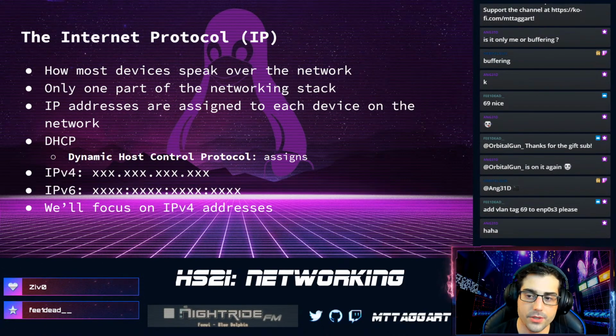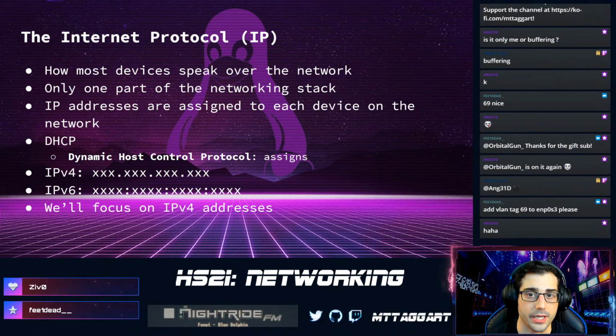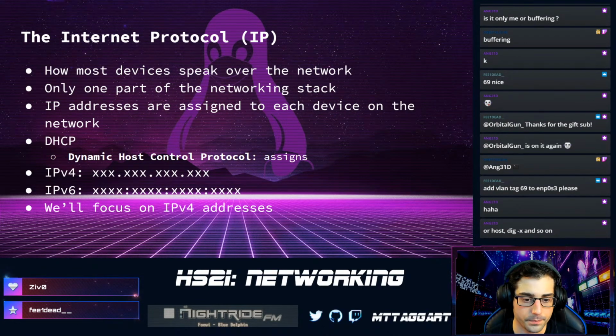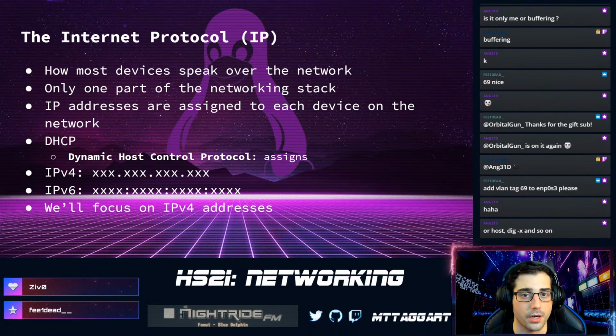And as we said, IP addresses are assigned to each device on the network. You might ask how. Generally speaking, there are two ways in which an IP address is assigned to a computer. The most common way these days, if you connect to coffee shop Wi-Fi or even the Wi-Fi at your house, is you attempt to join the network, you're authenticated through the wireless, and then some other process kicks off, called Dynamic Host Control Protocol, or DHCP.